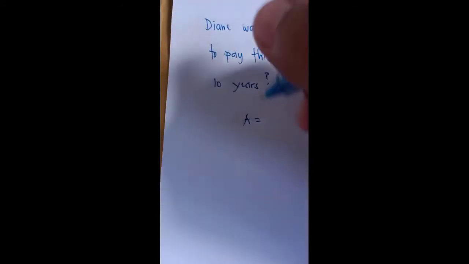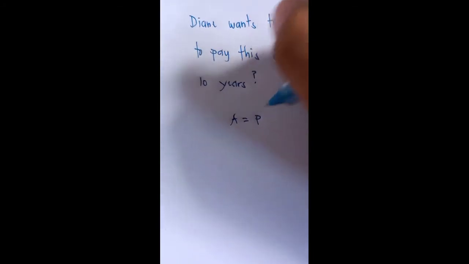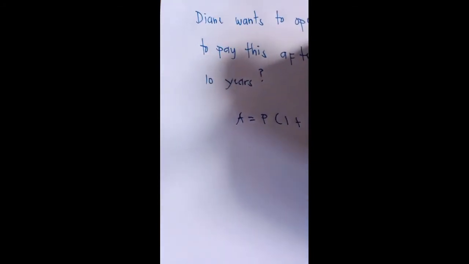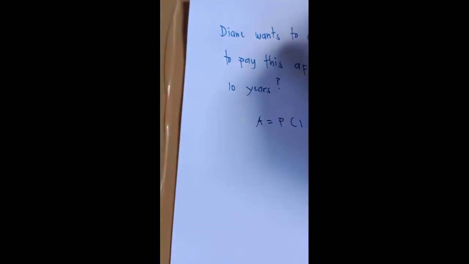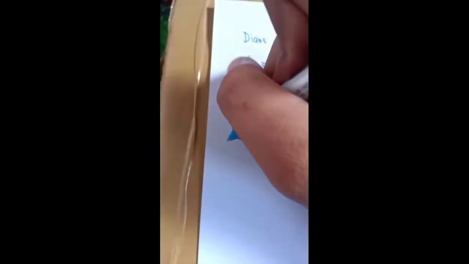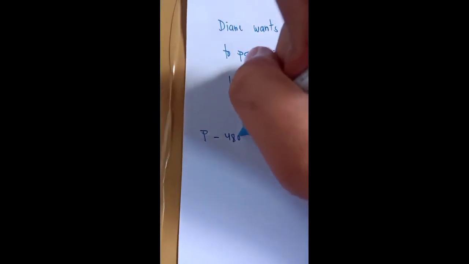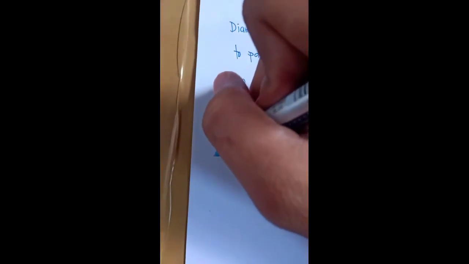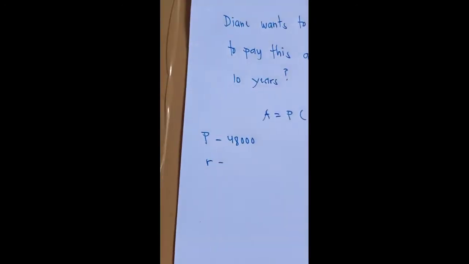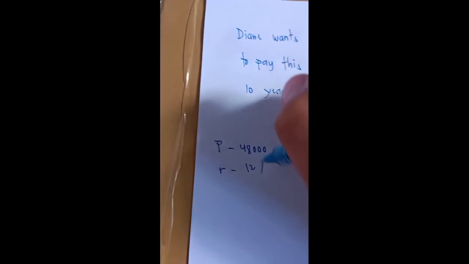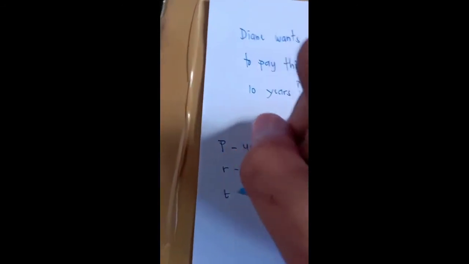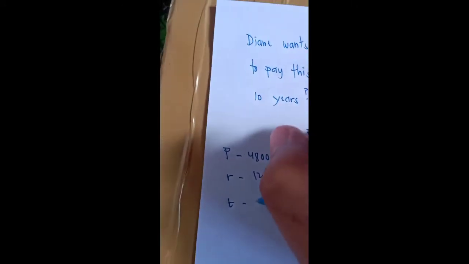The formula will be A equals P times (1 plus RT). The principal will be 48,000, the rate will be 12%, and the time is 4 years.